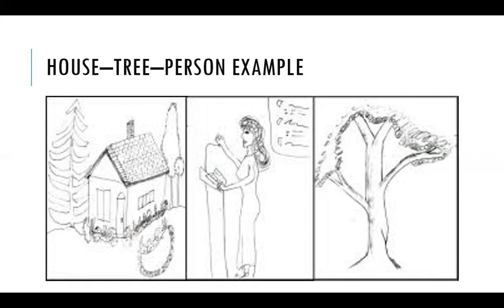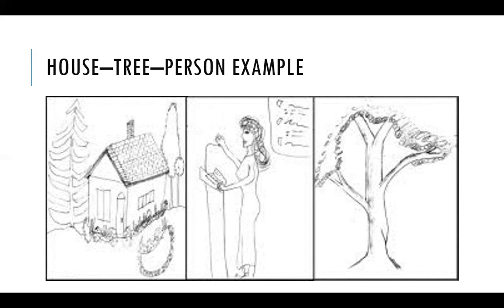And then here's an example of the house tree person example, right? So you have the 3 individual drawings. You're going to be looking at, for the house, the size of the house, where it's located, are there windows, are there doors, is it the front of the house, the back of the house, right? For the tree, is the tree trunk present? How big is the tree?